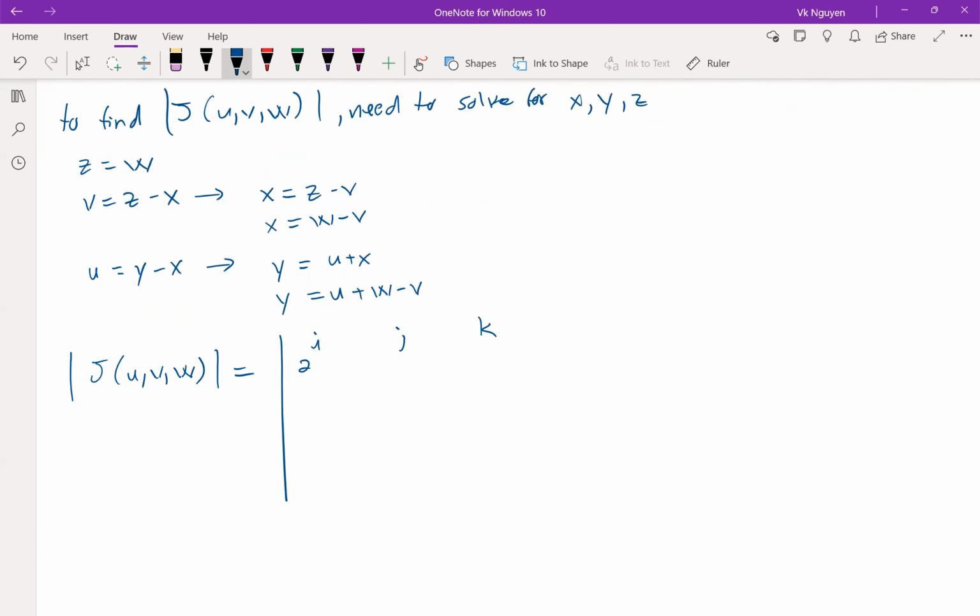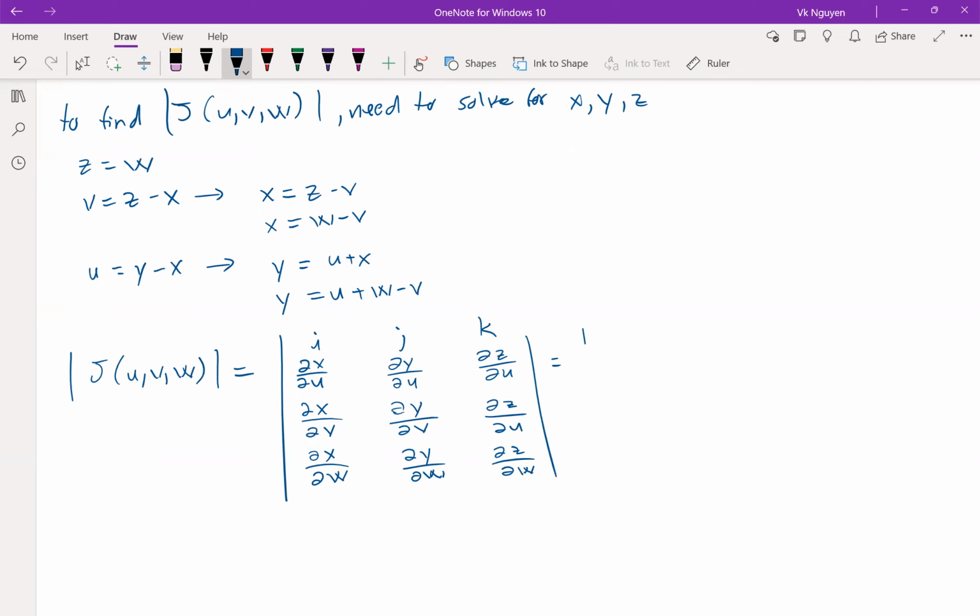Partial x with respect to u, partial x with respect to v, partial x with respect to w, partial y with respect to u, partial y with respect to v, partial y with respect to w. Same thing here, partial z. Get this out, and then we're going to take the determinant.